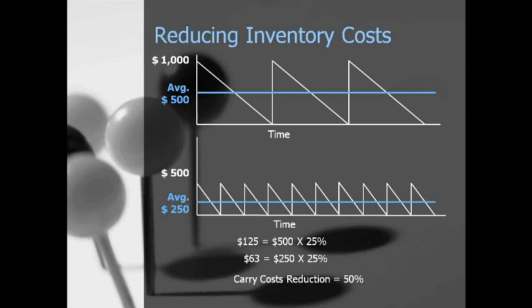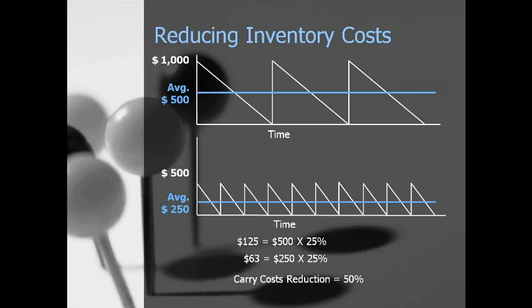So at the top of the slide here, you see the example that we just finished working where we bought the item or purchased or procured it, produced it 3 times during the year, and our average inventory was $500. If we reduced the lot size that we either purchased it in or manufactured it in, we would buy it more times per year, but our average inventory, as the bottom graph indicates, would be less.